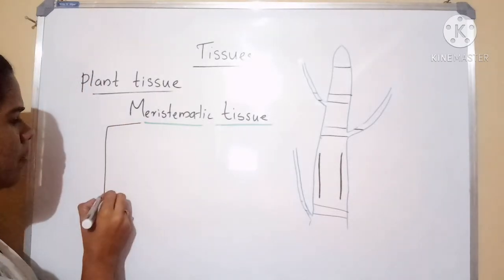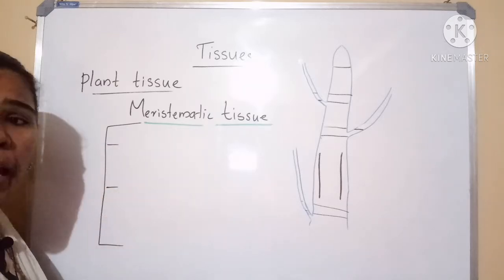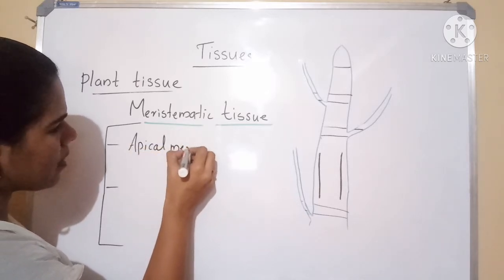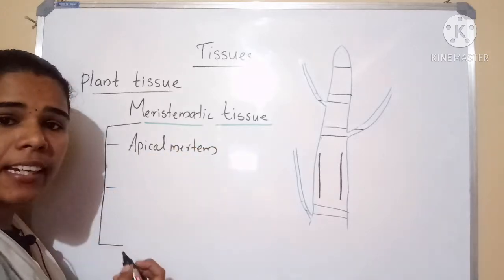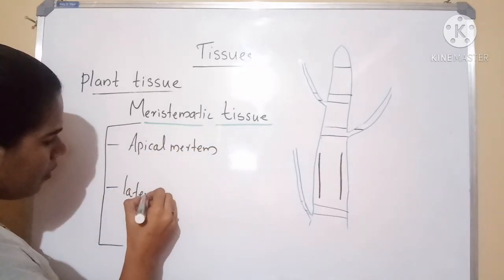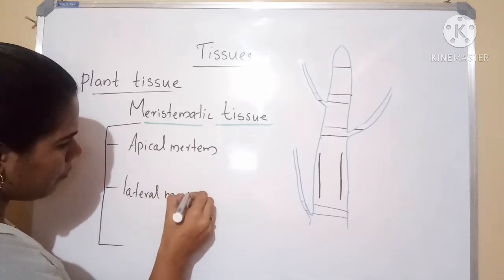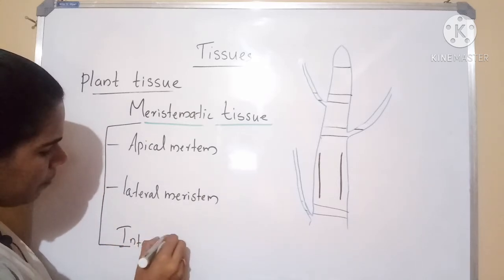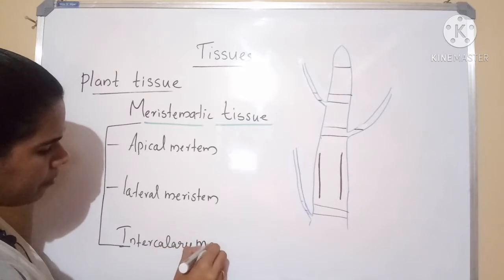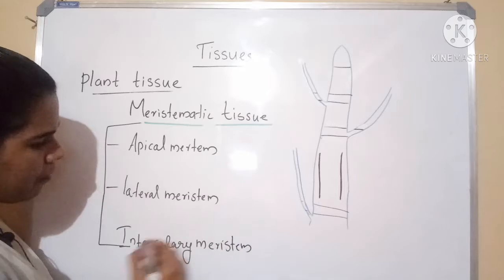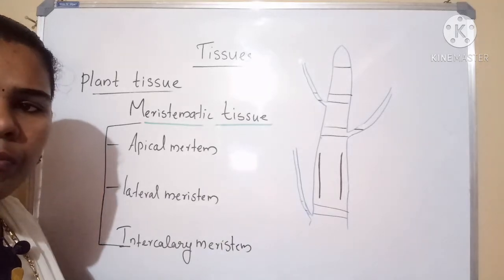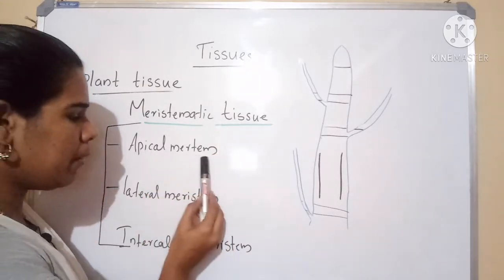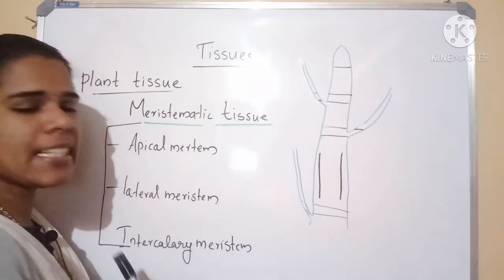The first one is apical meristem, then lateral meristem, and intercalary meristem. These are the three types of meristem.